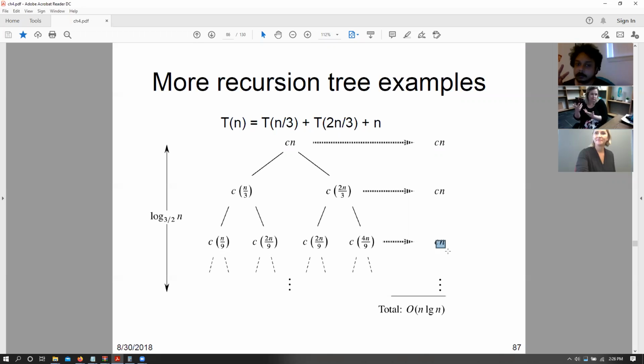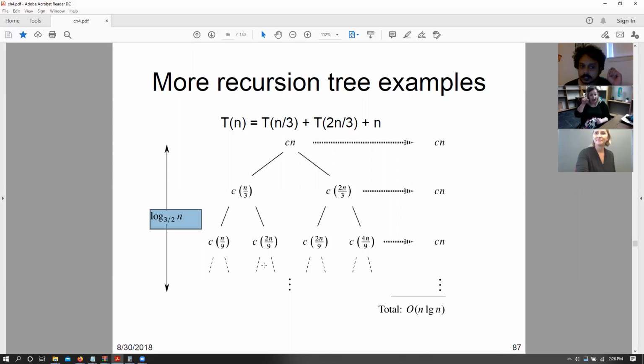Now, since this is an unbalanced binary tree, we are not guaranteed that we are going to have log base 2, right? It's not going to be log base 2 because we are not dividing it into two halves, but we are actually dividing it into 1/3 and 2/3, right? So in this case, the height of our tree is going to be log base 3 by 2 of n, right?